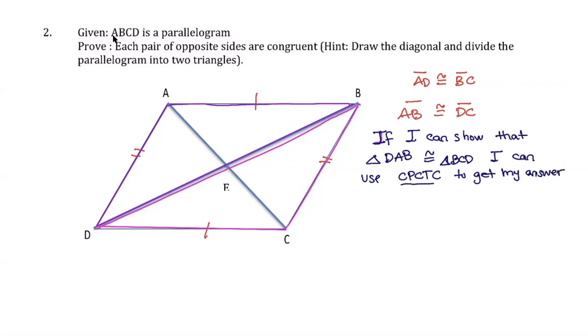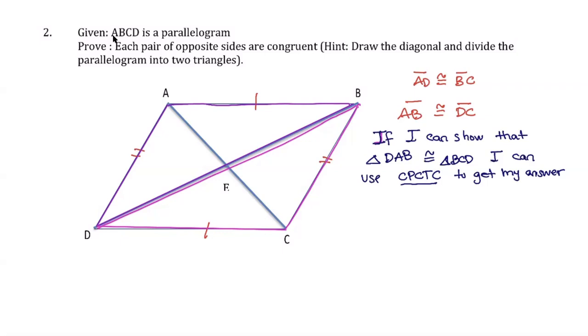Remember that CPCTC requires me to first of all have two pairs of congruent triangles. And so before I can use it, I need to show that the triangles are congruent first. Since we are trying to show that two sides of each triangle are congruent to the others, we are not going to be able to use SSS or SAS.